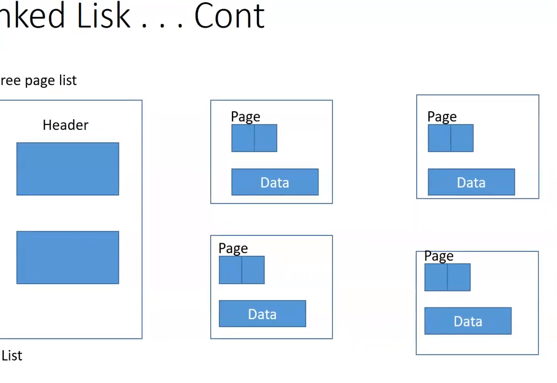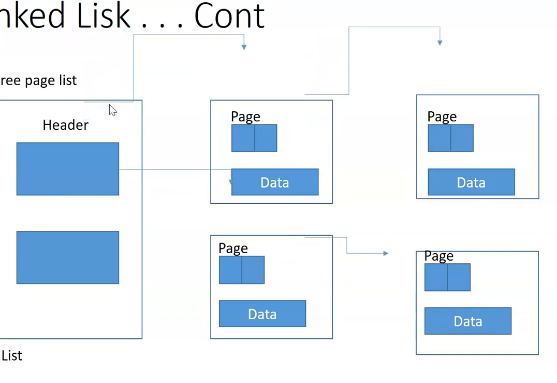These are the different pages that are going to be pointed to either the free page list or the data page list. So you have this page, this page, this page, this page. This page has the free page list. It has pages for data, this free page, data, and so on and so forth.